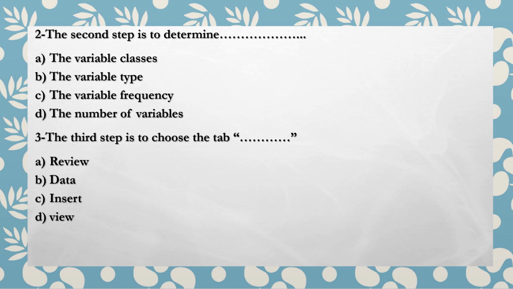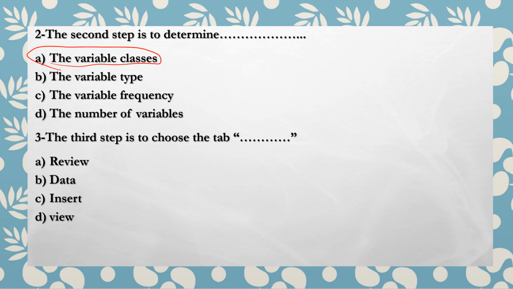The second step, after coding data, is to determine the variable classes, the variable type, the variable frequency, or the number of variables. After coding all the qualitative data we have in Excel, the second step is to determine the variable classes, so Excel can understand what the classes of the variable are.